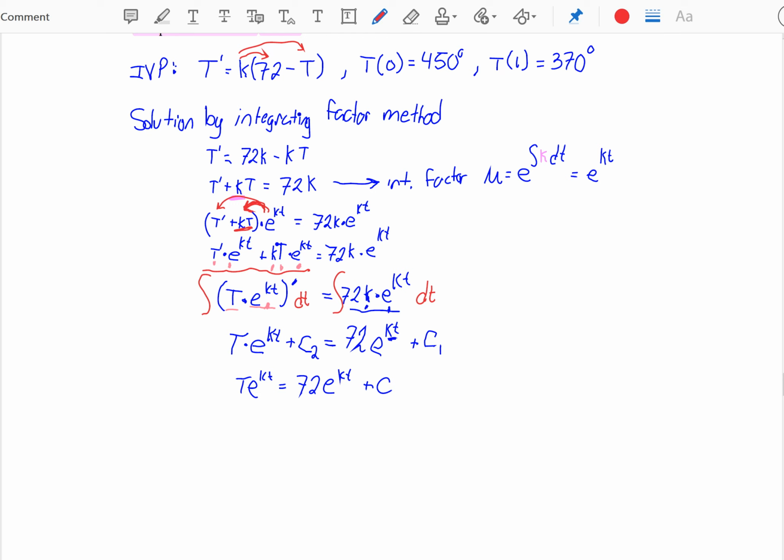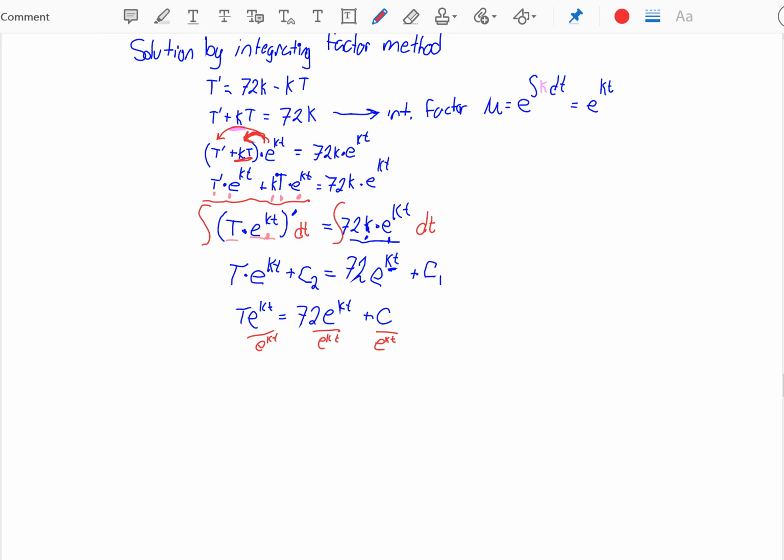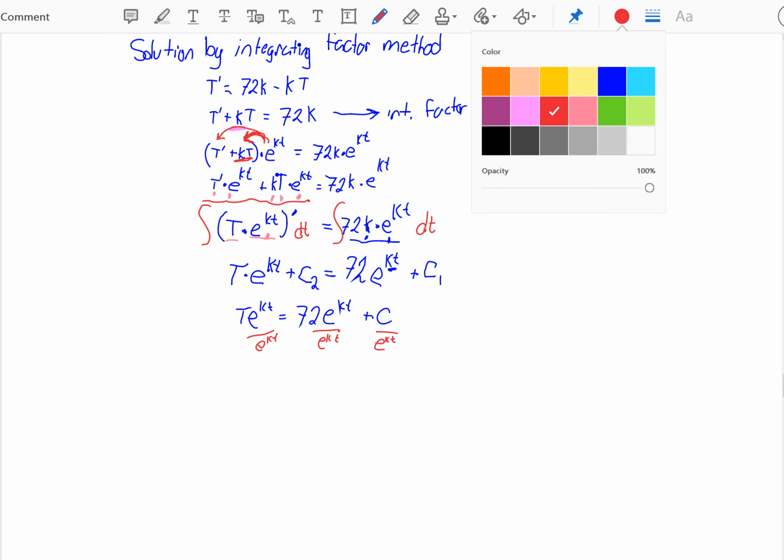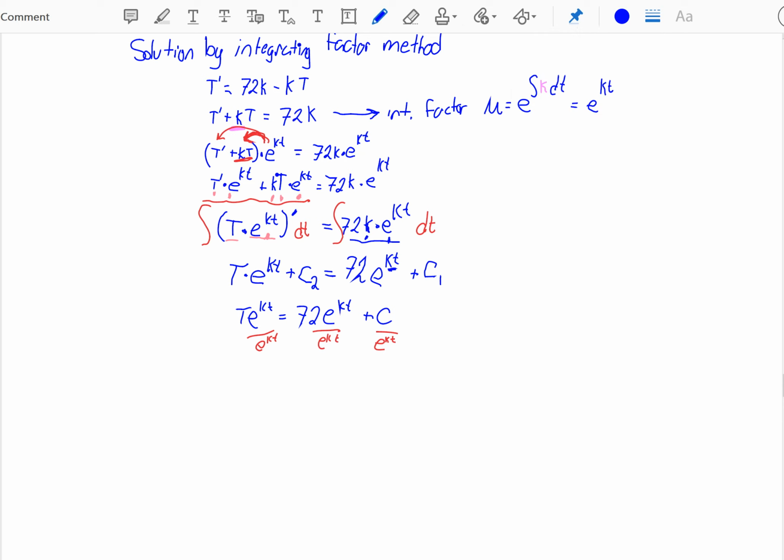Let's proceed to solve for T by dividing each side by e to the kt. And divided by e to the kt, we obtain T of t is going to be 72 plus C, and I'm going to introduce a negative exponent so I don't have to write this fraction.